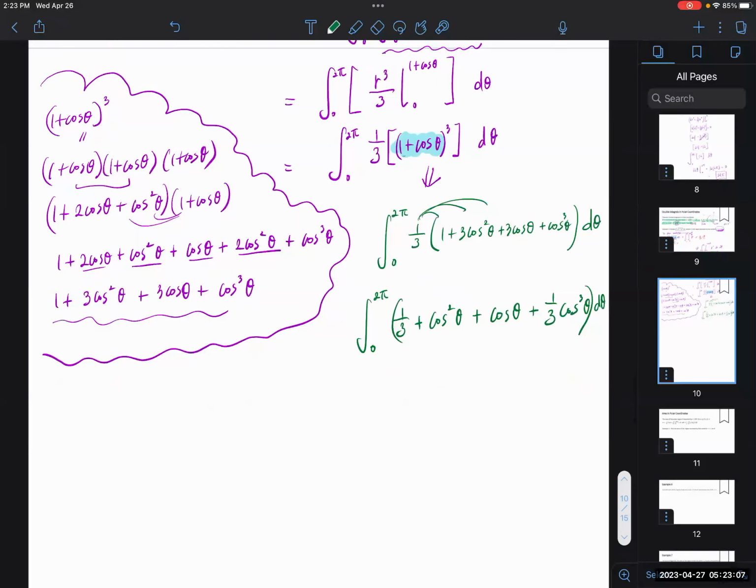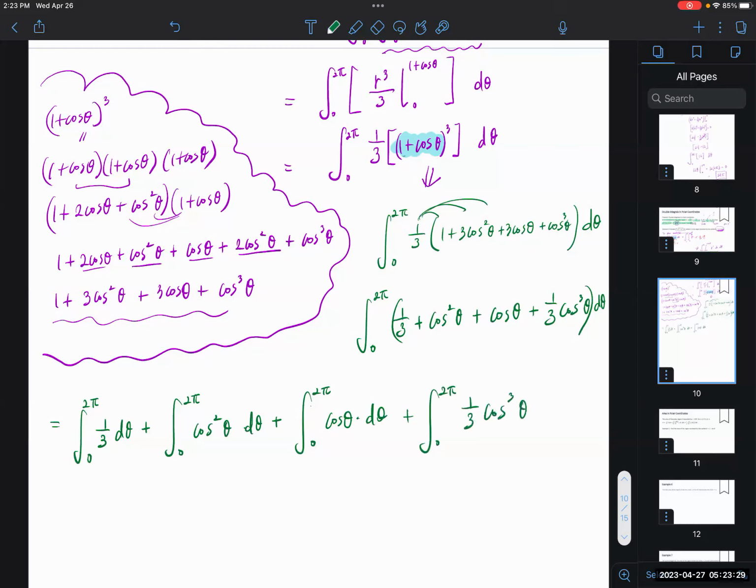This means integral 0 to pi of 1 over 3 d theta, 0 to pi cosine theta d theta, 0 to pi cosine squared theta d theta. I know it's a lot, but we can finish. And 0 to pi 1 over 3 cosine cubed theta d theta. So that's all you need to calculate for the rest of the part.